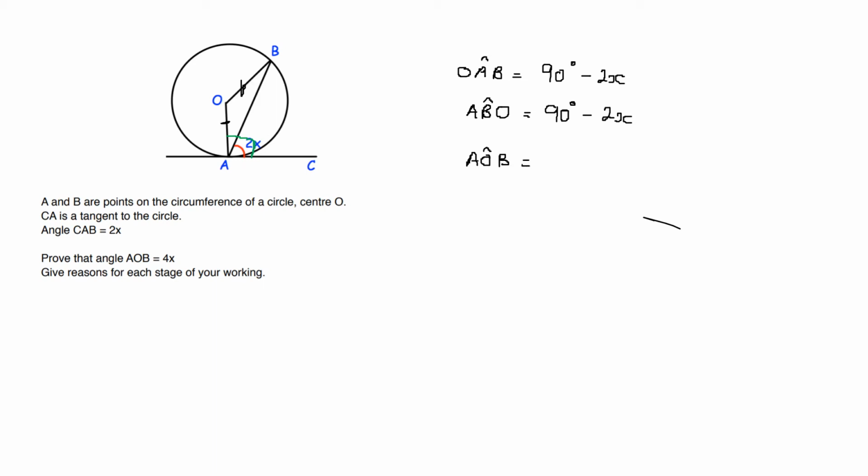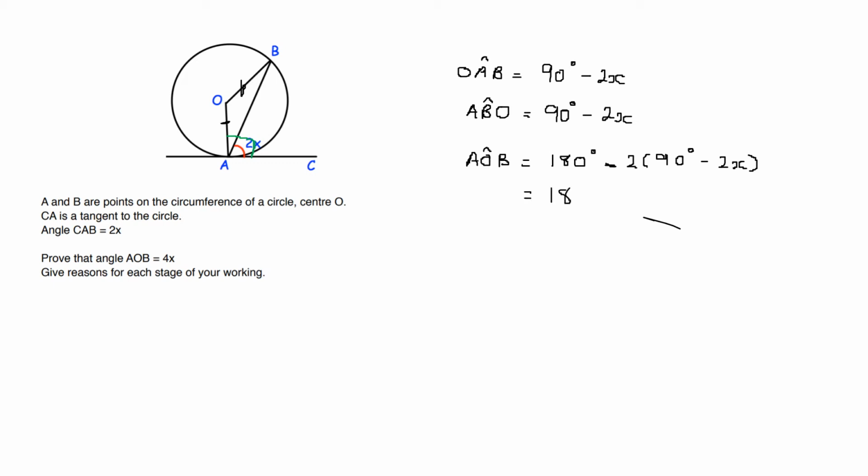So if the angles sum to 180 degrees, angle AOB is going to be 180 degrees, take away 2 lots of 90 degrees minus 2x, because we're going to have to subtract angle OAB and angle ABO, which we've already calculated.